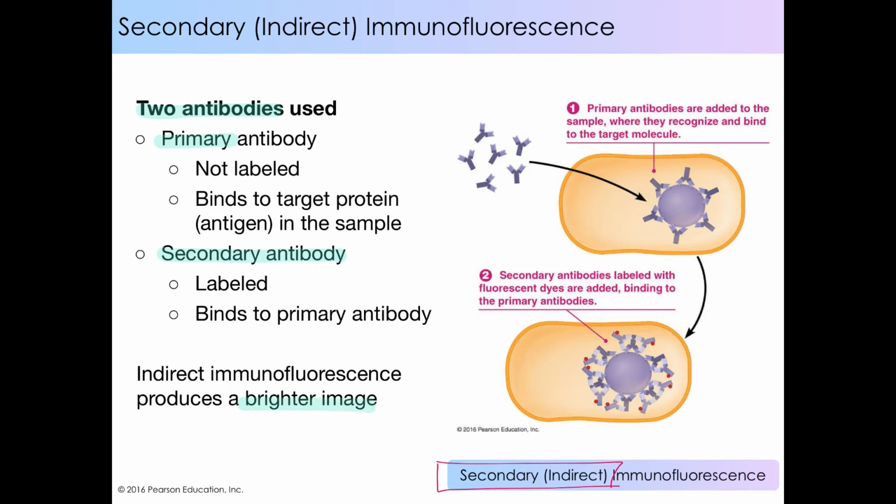And the reason for that is that more than one antibody, as you can see here, can attach to an antigen. And since multiple primary antibodies can attach to the protein of interest, and then multiple secondary antibodies can attach to each primary antibody, the fluorescence signal is amplified.